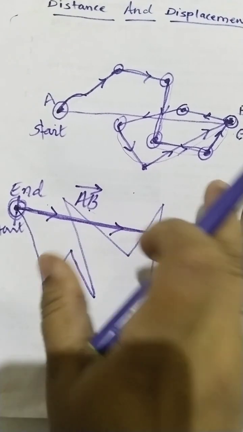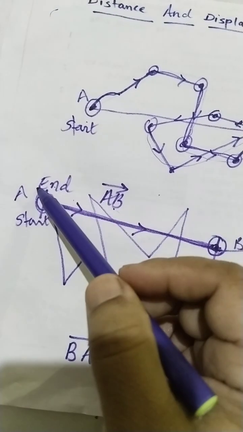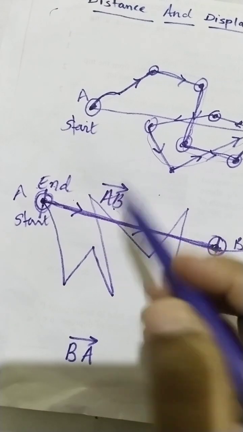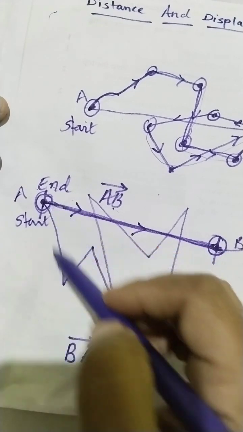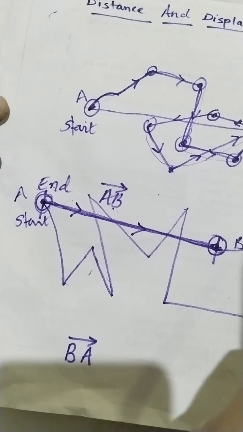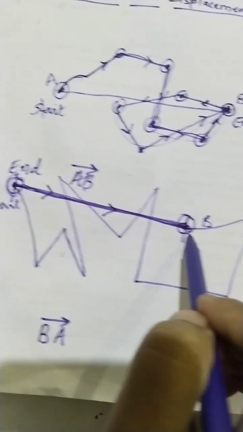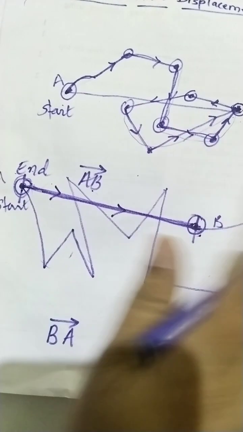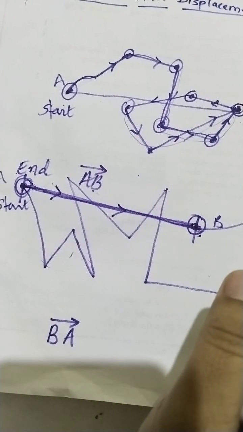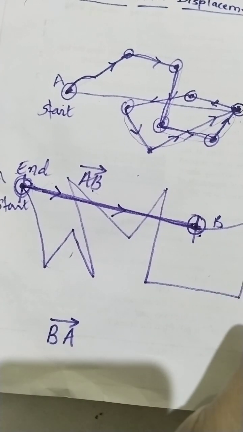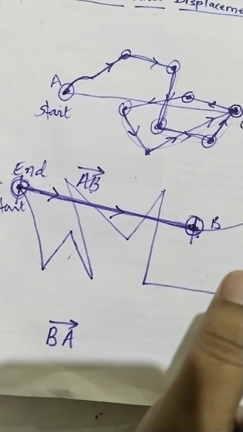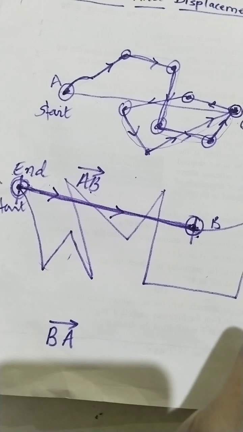However, the person has traveled all the length to reach point B and has come back to A, so the distance will never be 0, because distance is the length of the path traveled from start point to end point. So distance can never be 0, but displacement can be 0.